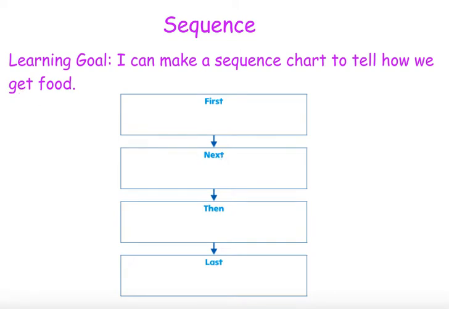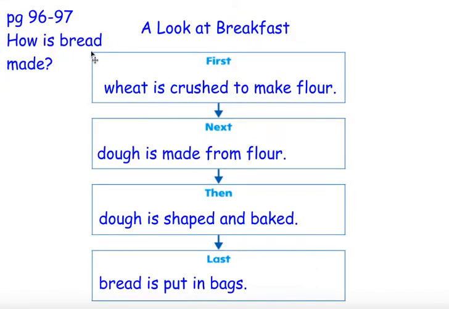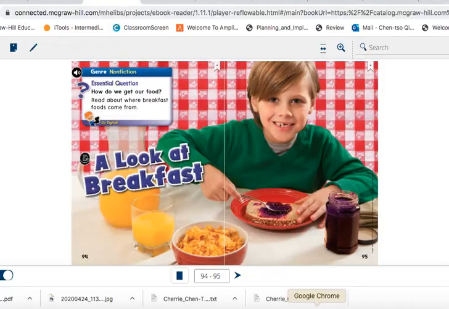The book that we are using today is called A Look at Breakfast. So you can go to your Wonders and open this book, right? And the title looks like this: A Look at Breakfast. The book talks about how we get food and where breakfast foods come from, right? And you must have a definite answer: I know where it comes from.